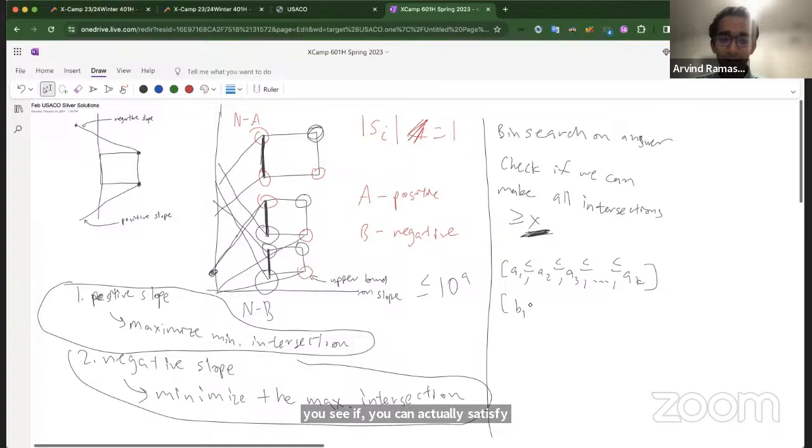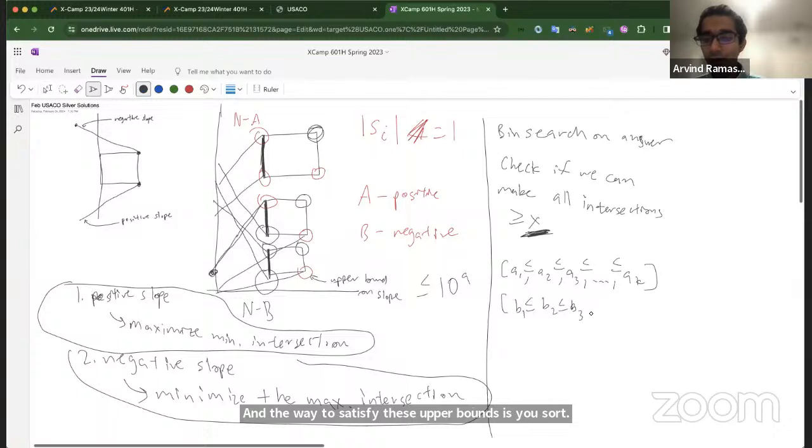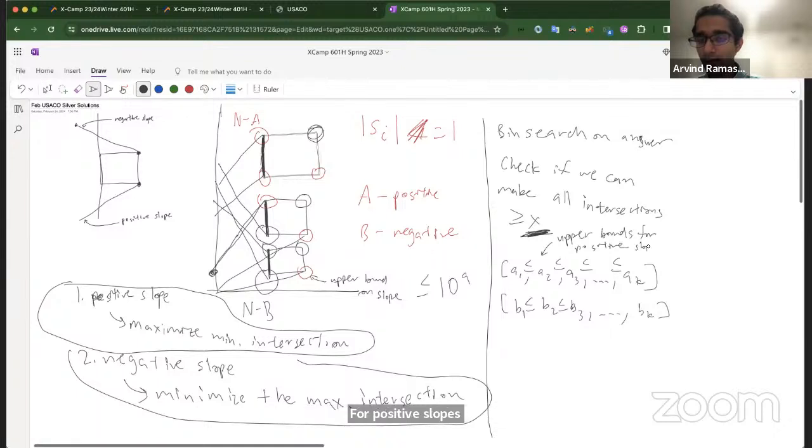The way to do that is to sort the actual positive slopes B1, B2, B3, up to BK. Just a reminder, these are the upper bounds for positive slopes, and these are the actual positive slopes.